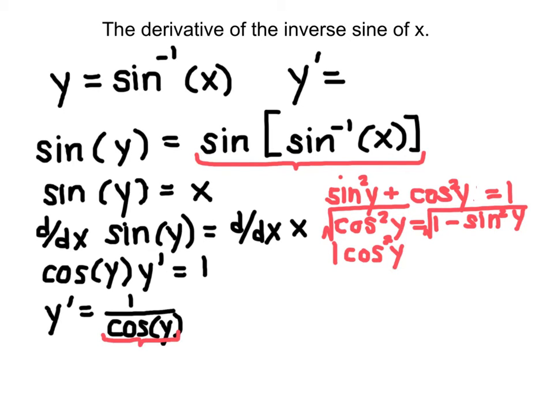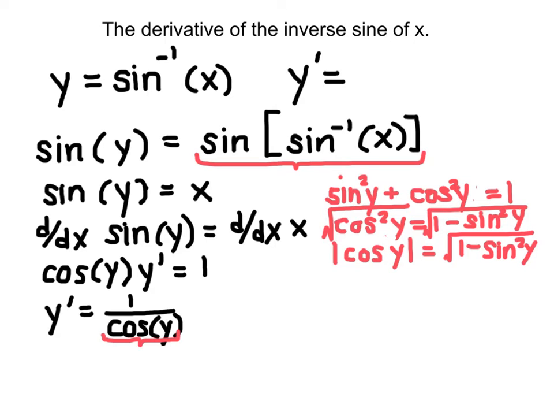So the absolute value of the cosine of y is equal to the square root of 1 minus sine squared y, which means that the cosine of y would be plus or minus that value. But in this particular case, it's all positive because our arcsine has domain restrictions.